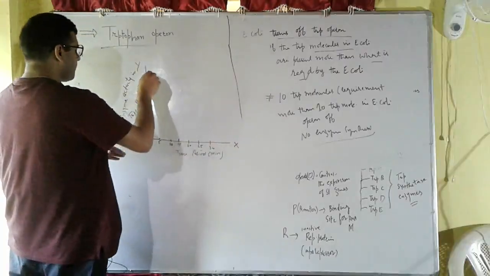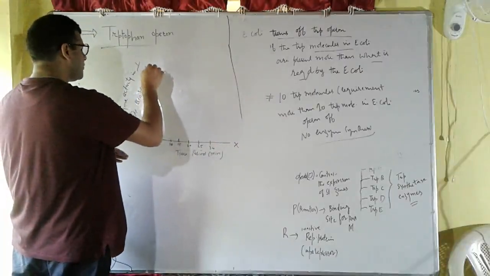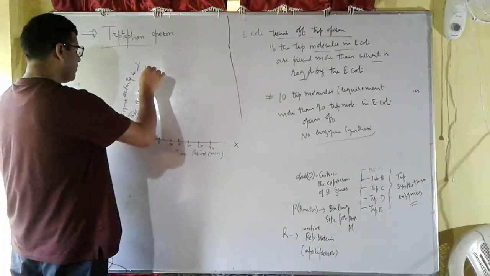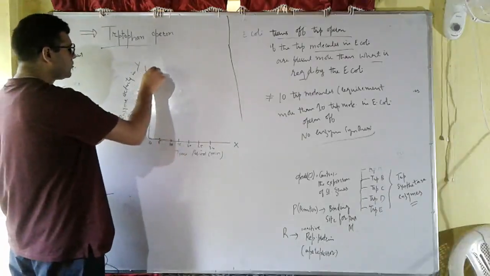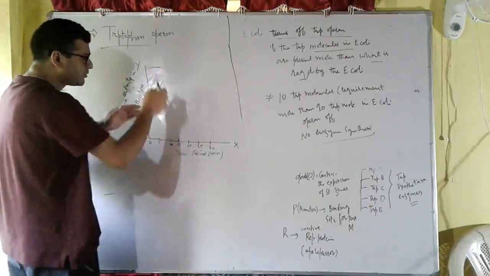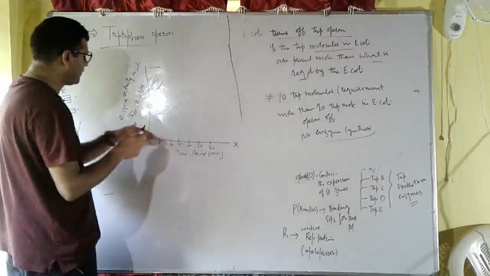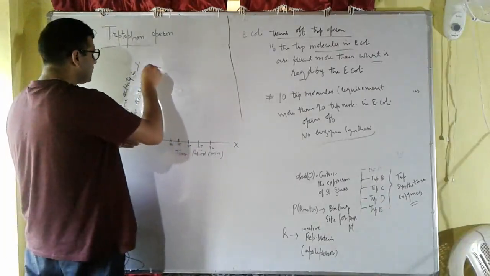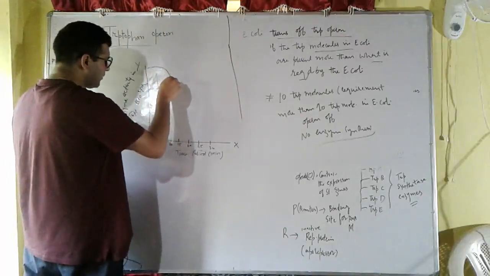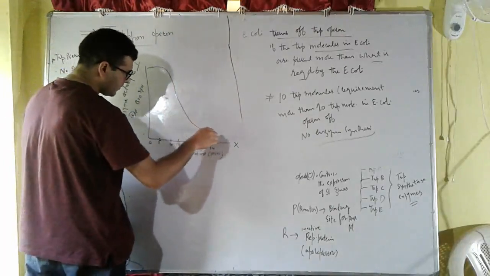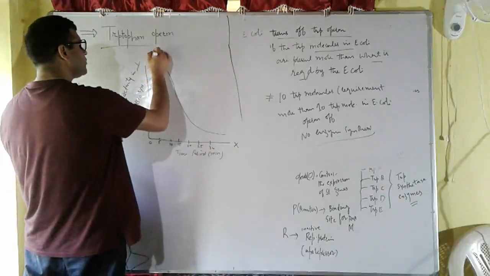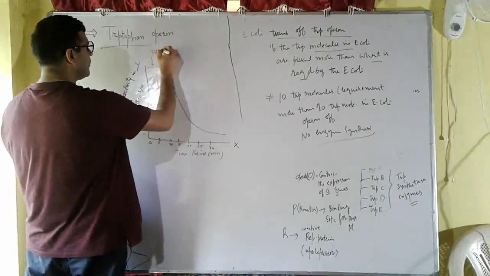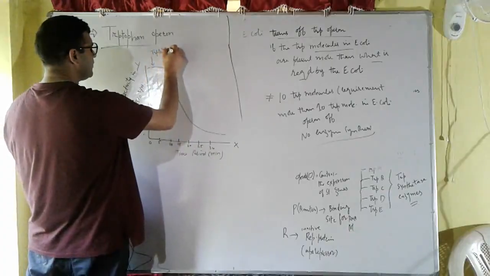When we add the tryptophan, the enzyme activity is very high when there is no tryptophan, but when we add the tryptophan, the enzyme activity in an E. coli decreases. It will decrease like this. Here you have added tryptophan.